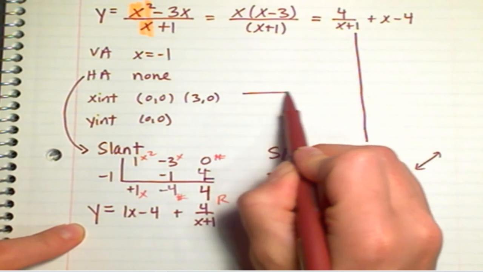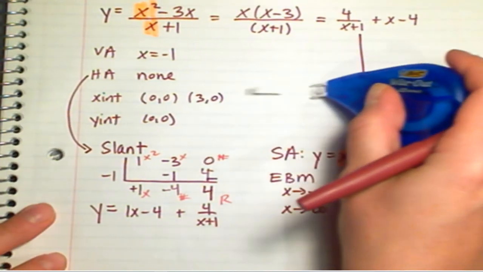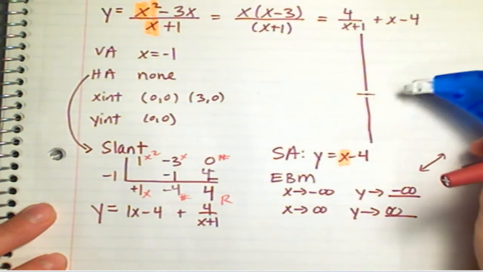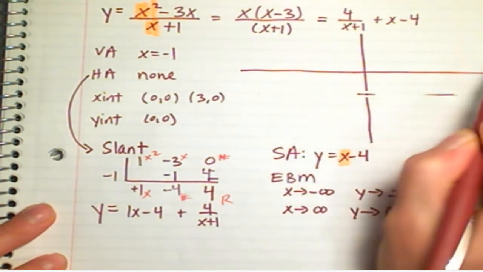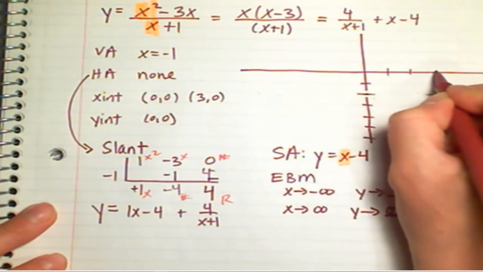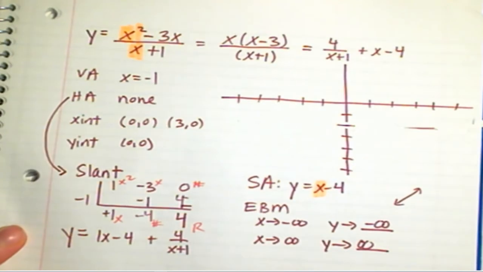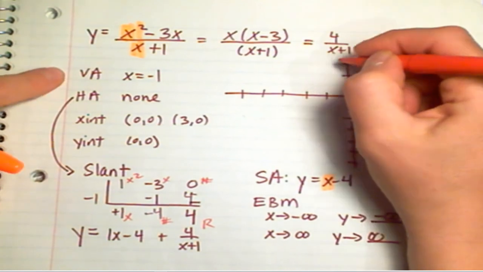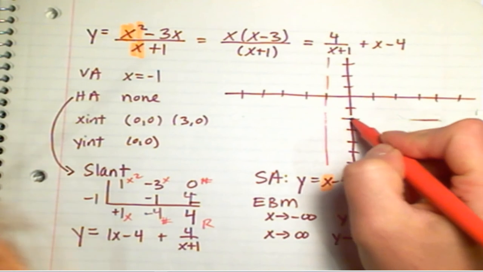Okay, let's do this. Oh, I'm actually going to put it up here. Okay. 1, 2, 3, 4, 5, 6. Okay, start putting our characteristics on, and then we play the connect the dots game. 1, 2, 3, 4.